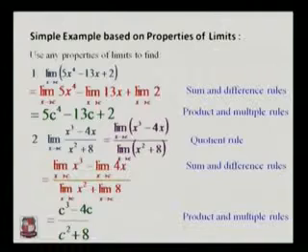So these are examples directly based on the rules, or we can say the properties of limit. So in this way we can use the properties of limit. I am giving more time on this rule because these are the most important rules for the next portion of this chapter, when we are going to solve special kinds of examples, mainly based on factors, examples with the infinite limit, then examples for the trigonometric functions.